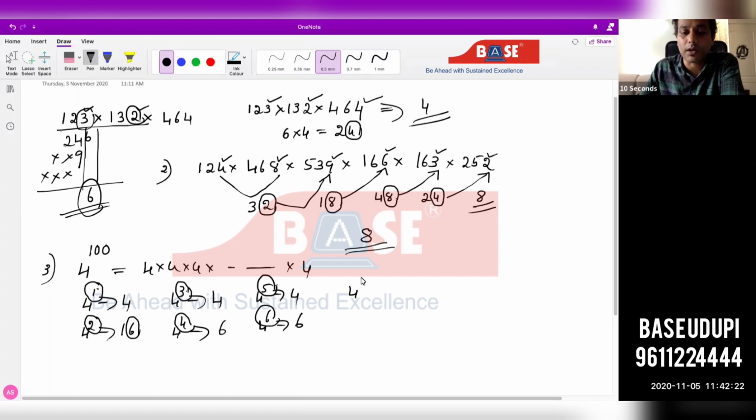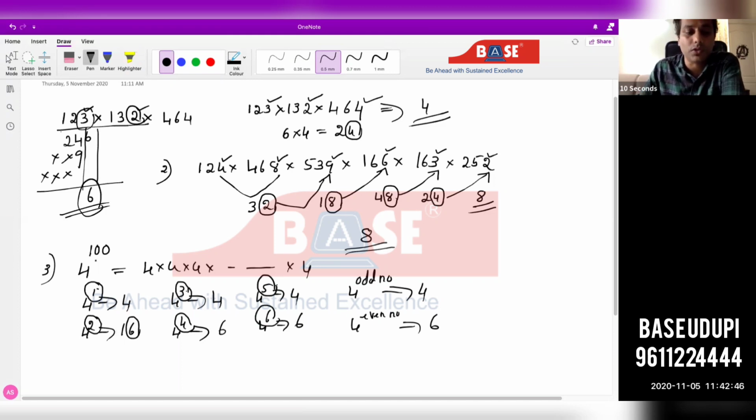So 4 to an odd power ends with 4, and 4 to an even power ends with 6, but there is no need to memorize. You can write a few digits, get the sequence, and just follow it: all odd powers end with 4, all even powers end with 6.